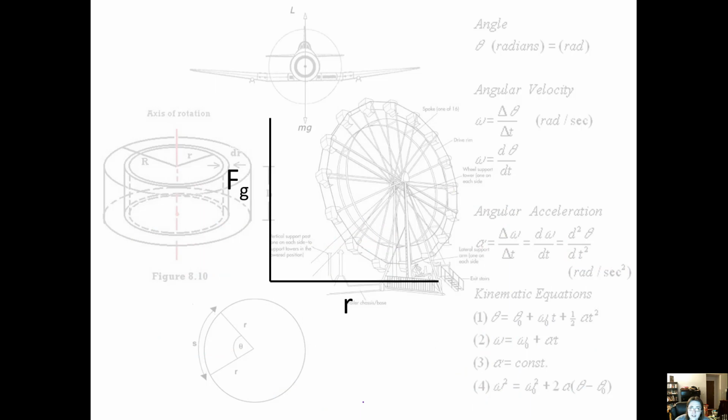Okay, so let's look at the graph for the force due to gravity. In the equation, it says Fg is equal to big G m1 m2 divided by r squared. This r is not radius.